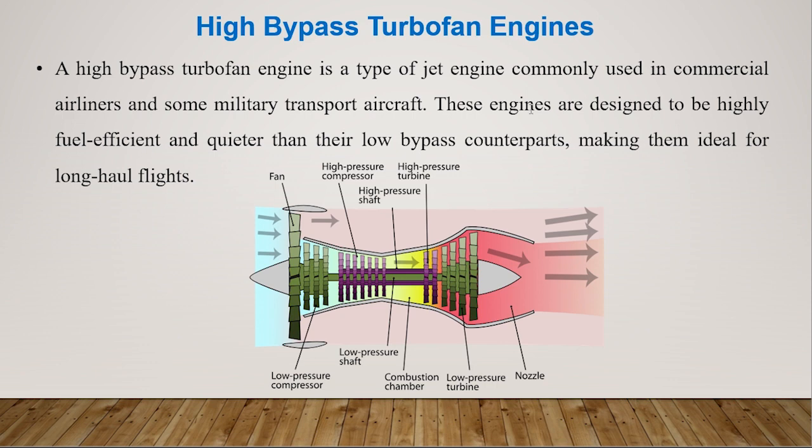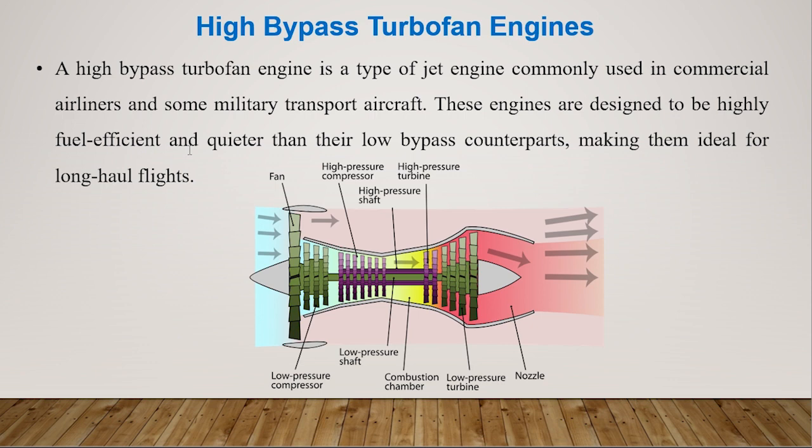You can see the definition over here, and the advantages are also mentioned, and I have added a few more slides to specifically mention the advantages of the high bypass turbofan engine. These engines are designed to be highly fuel efficient, meaning they won't consume that much fuel, because the maximum bypass ratio is provided.